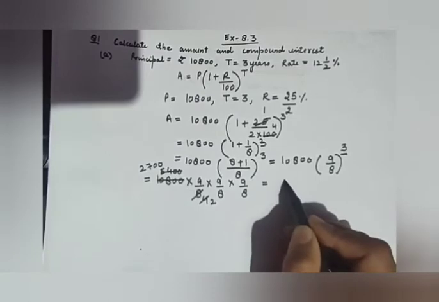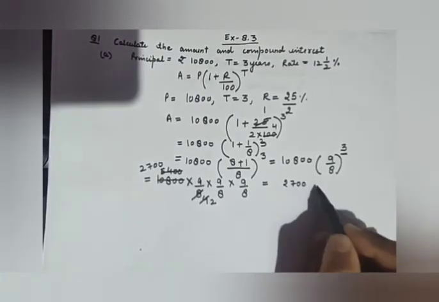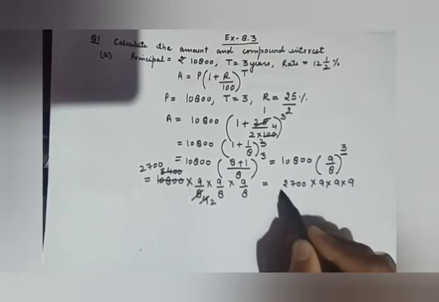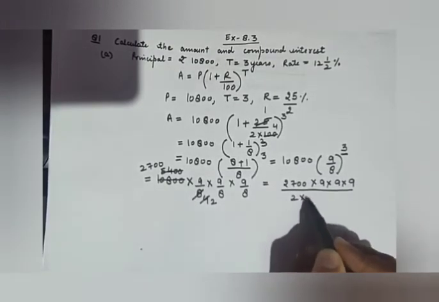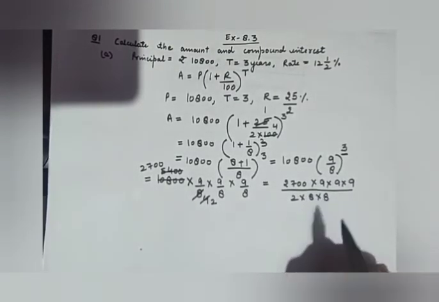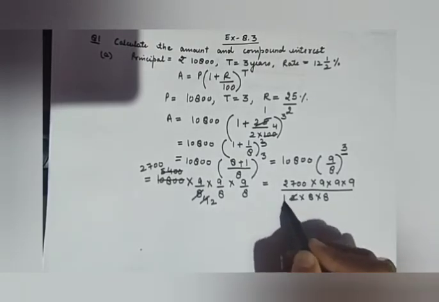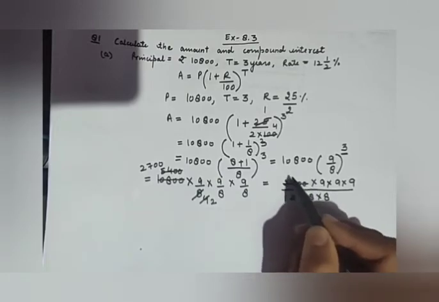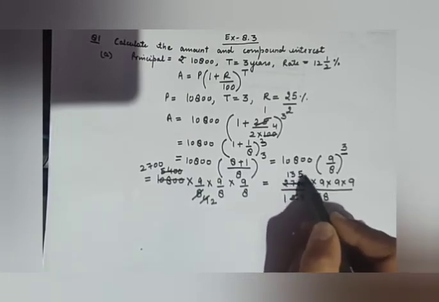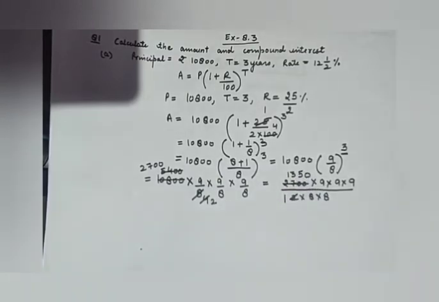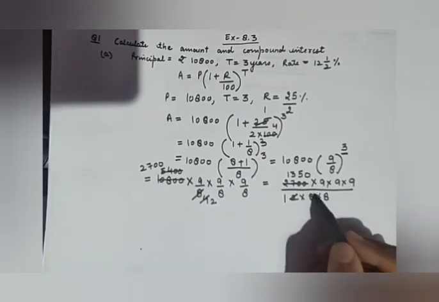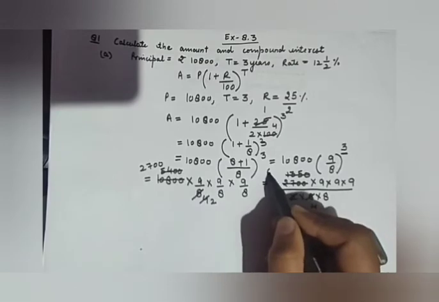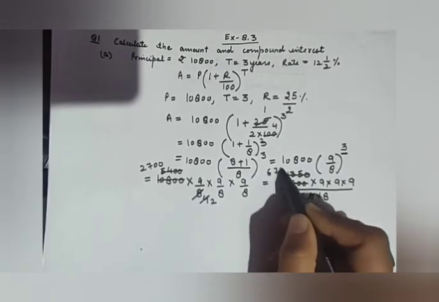So I'm getting 2700 into 9 into 9 into 9 upon 2 into 8 into 8 here. Now I will again cancel it. 2 1s are 2. It will be 1350 here. After this I will again cancel it. 2 4s are 8. So it will be 675 here.